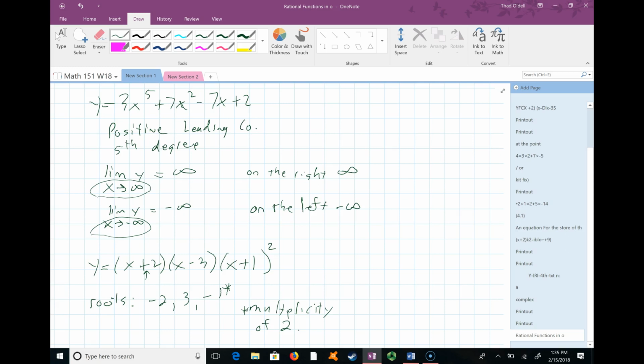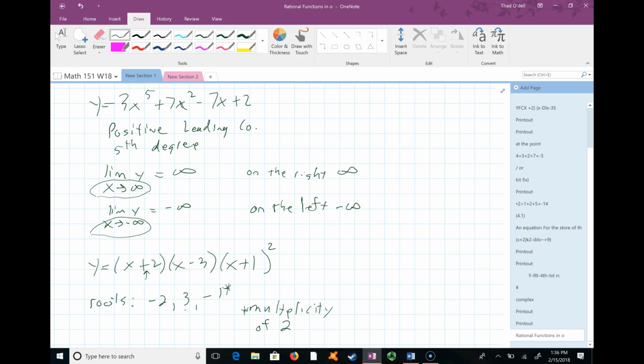These are also x-intercepts. At negative 2, the graph will just shoot straight across. At 3, the graph will shoot straight across. And at negative 1, because it has a multiplicity of 2, the graph actually comes down, hits the x-axis and bounces off. So it looks basically like a parabola sitting on the x-axis.